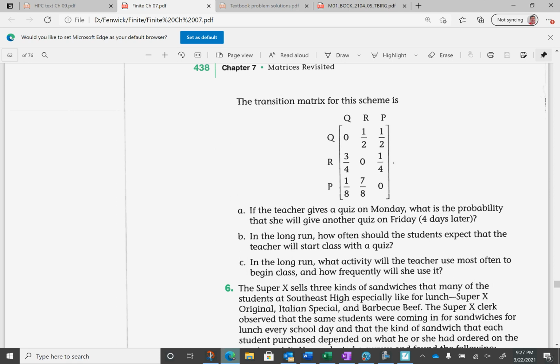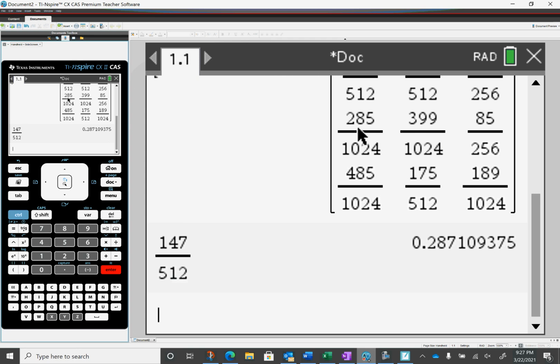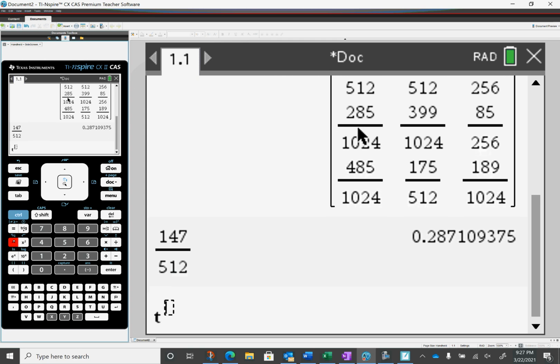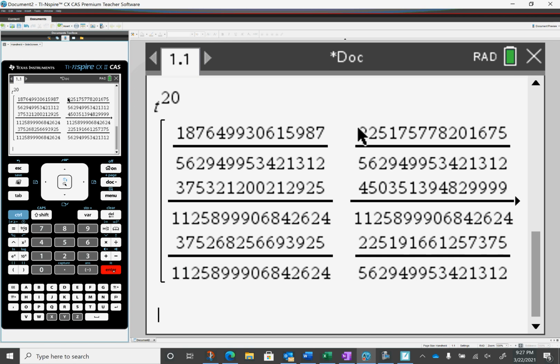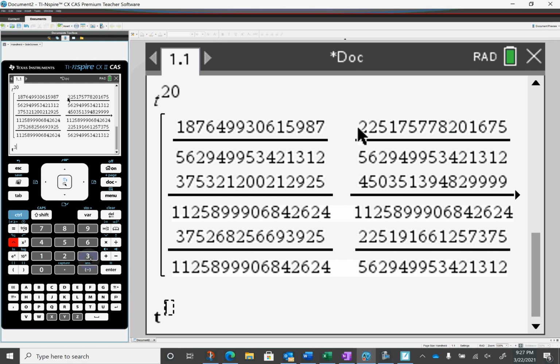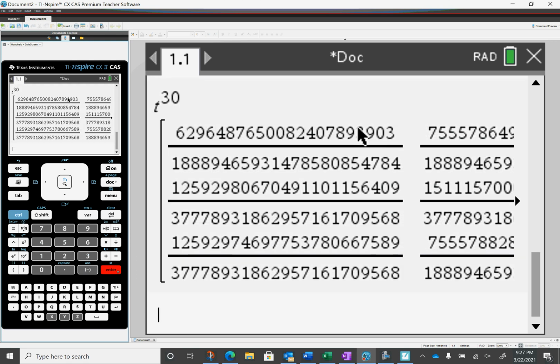In the long run, how often should students expect the teacher to start class with a quiz? How long is long run? Say T to the 20th power, T to the 30th power.